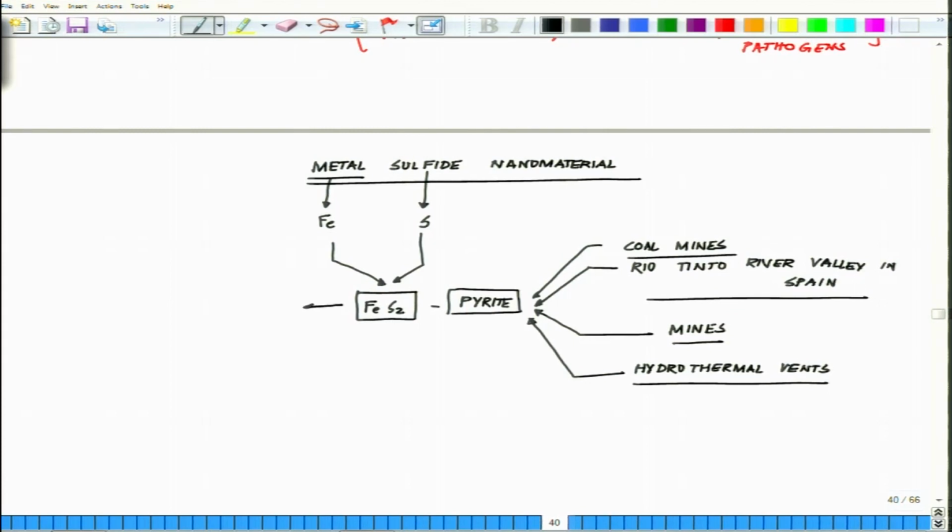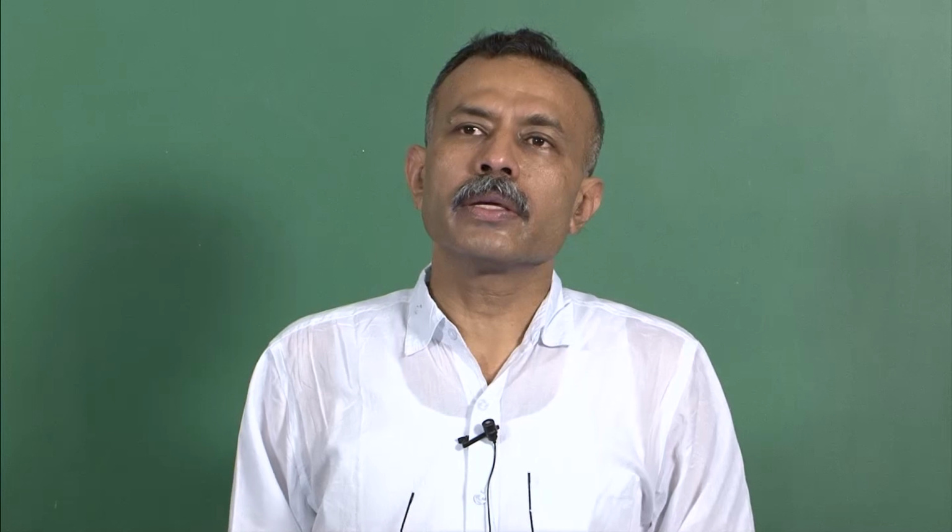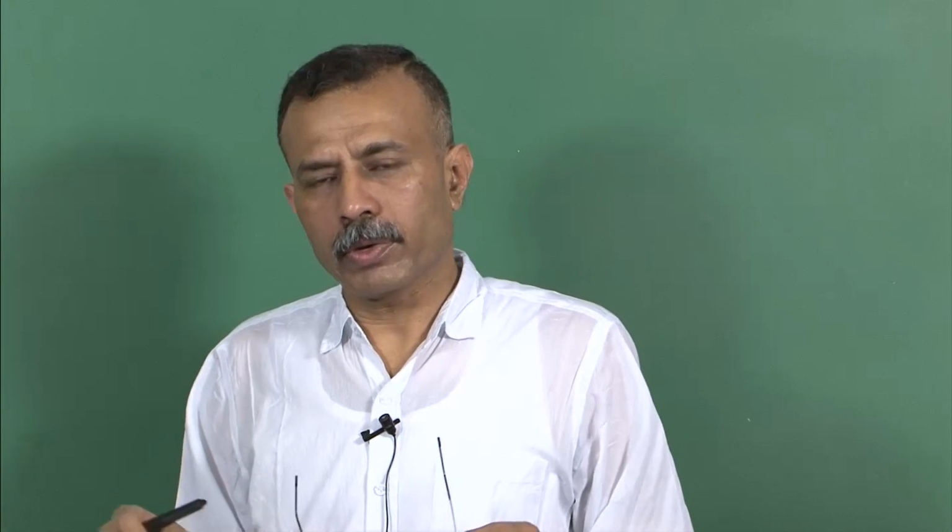The reason it is colloquially called fool's gold is because the bulk pyrite is golden in color, and that's why many times people mistake it for gold. Okay. So, pyrite is a very interesting compound which has fine applications in a myriad of places.